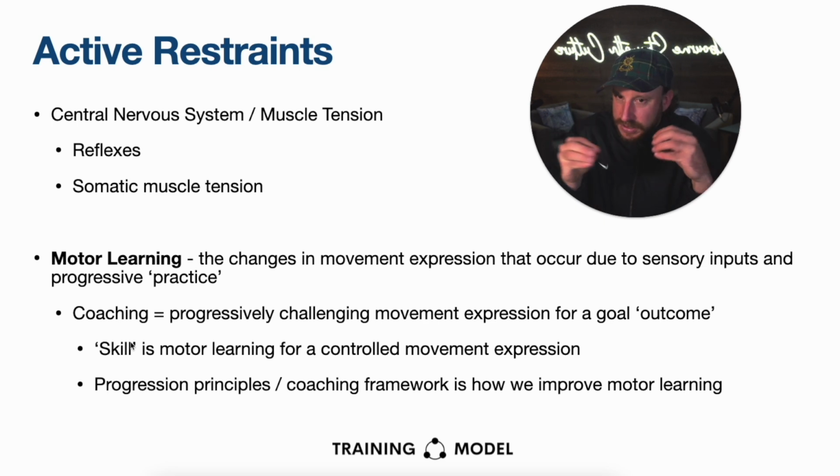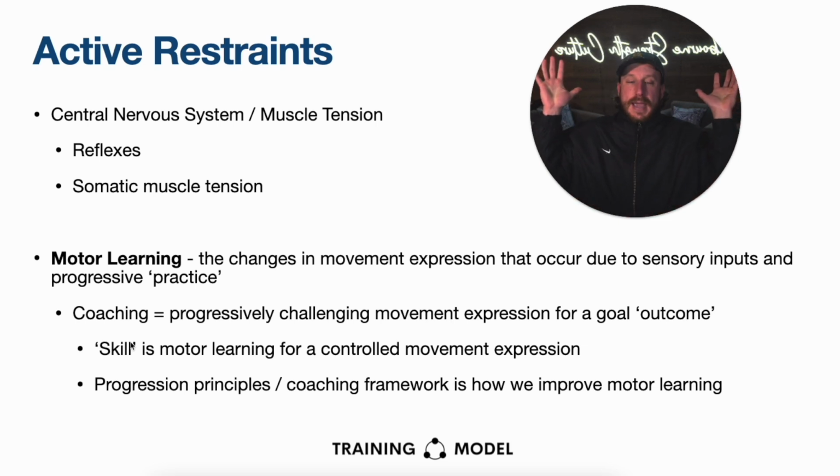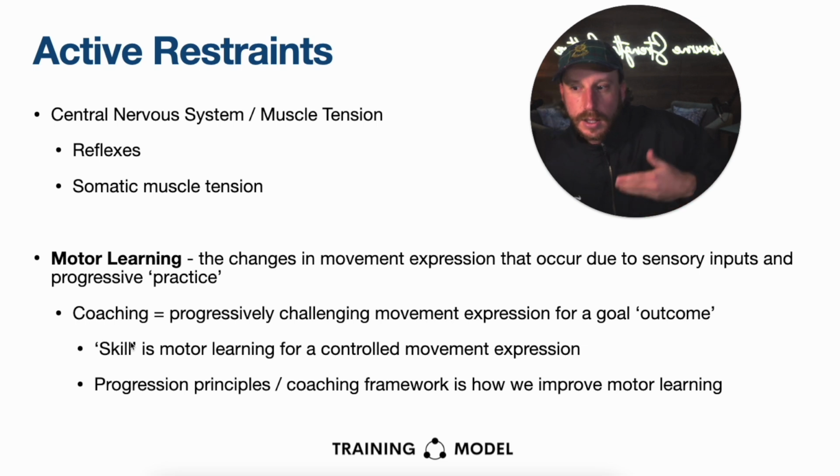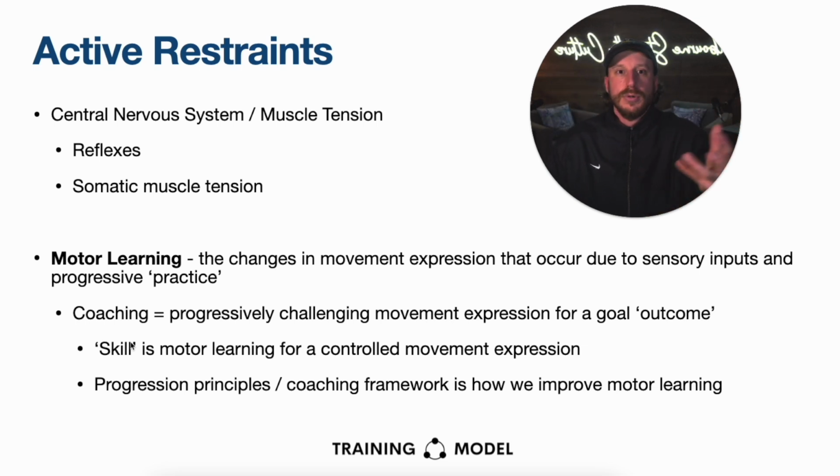Muscular first, muscular first, muscular first, stability, stability, stability. Zoom the fuck out. How is the system managing the inputs of forces and goals and cues and tempos and all of that? How is the system managing that and expressing movement?